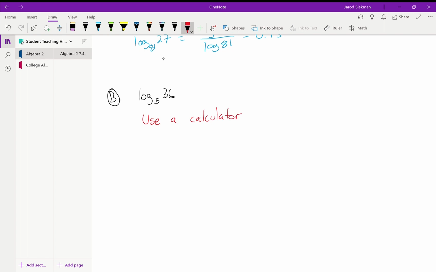Because 5 and 36, there are no common exponents that you can get using those. So go ahead and plug in your calculator. Log of 36 over log of 5. And you will get approximately 2.23.